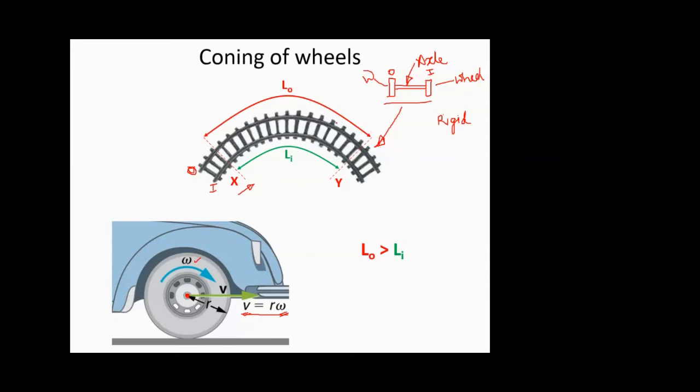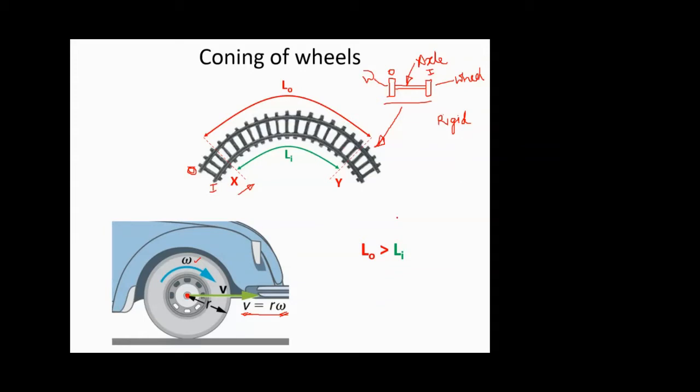It should not happen that your inner wheel reaches first and then your outer wheel reaches. That is actually not possible. If that happens, then your rail engine will derail and you will have a mishap.